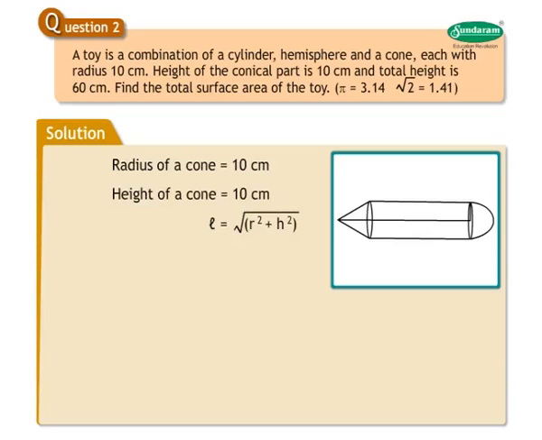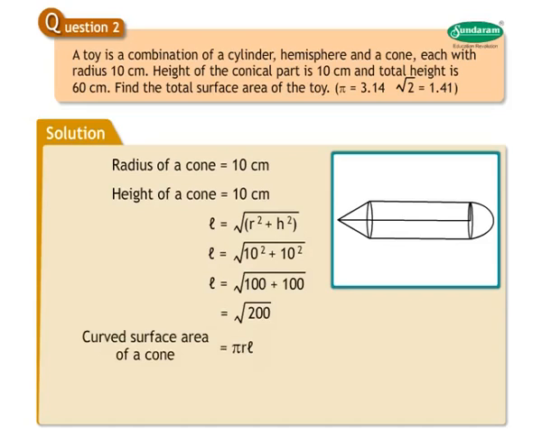Slant height is equal to root of the sum of r square and h square, which is equal to root of 10 square plus 10 square, which is equal to root of 100 plus 100, which is equal to root of 200. Curved surface area of the cone is pi r l.